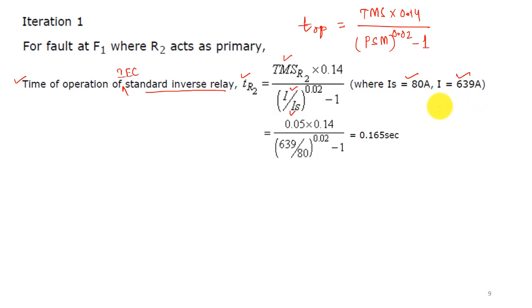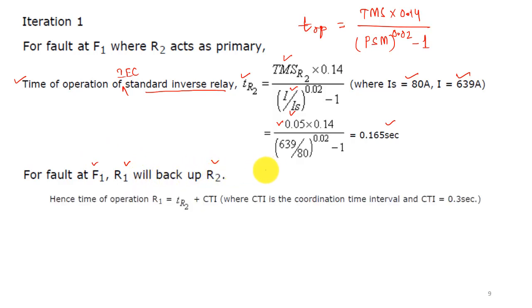Now let us substitute this, and the TMS value chosen here is 0.05. Just substituting these values, we got the operating time for relay 2, TR2, as 0.165 second. Now for fault at F1, relay 1 R1 will back up R2.